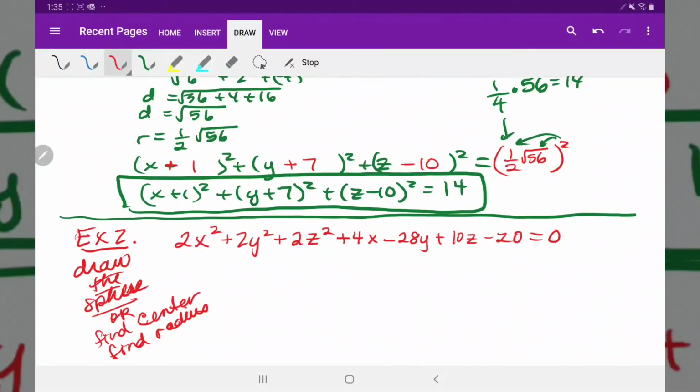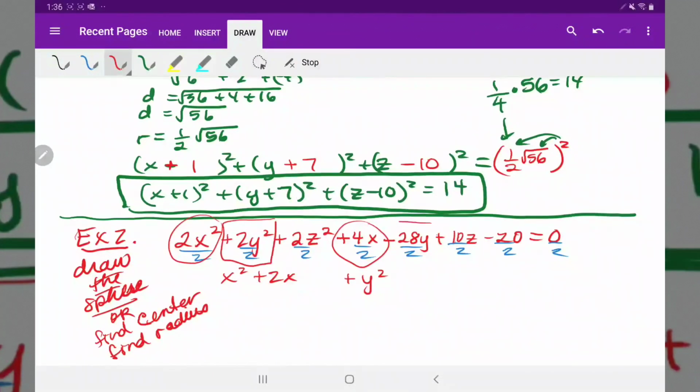Plus y squared, and who's y squared's friend? Negative 14y. And then I have z squared, and that's 5z. And then I like to put my number on the other side, so I want to add that to the other side. And that's the 10.